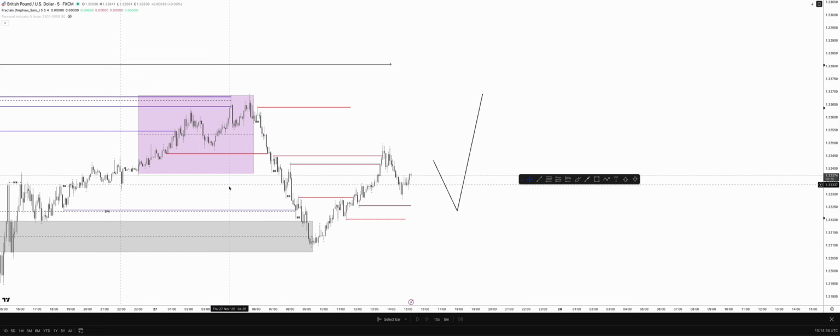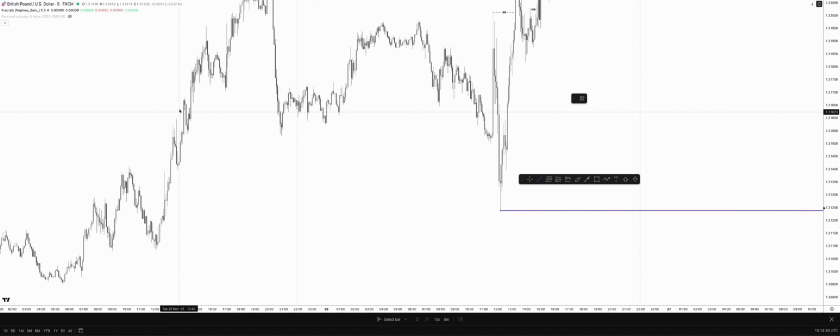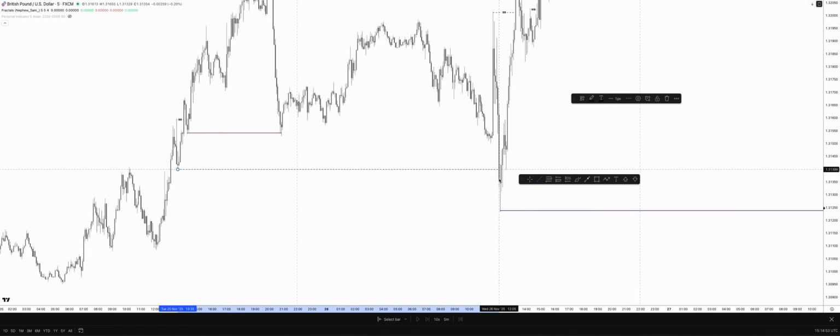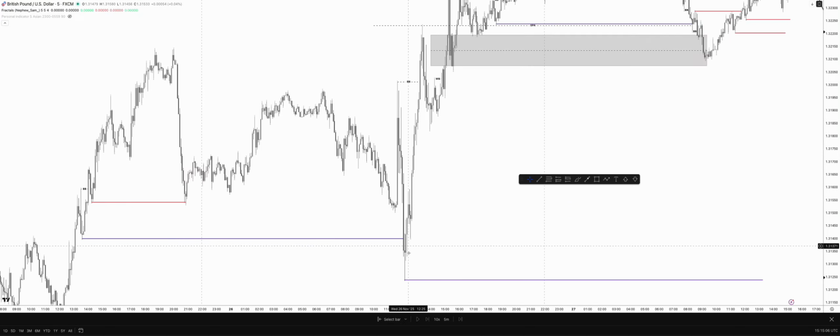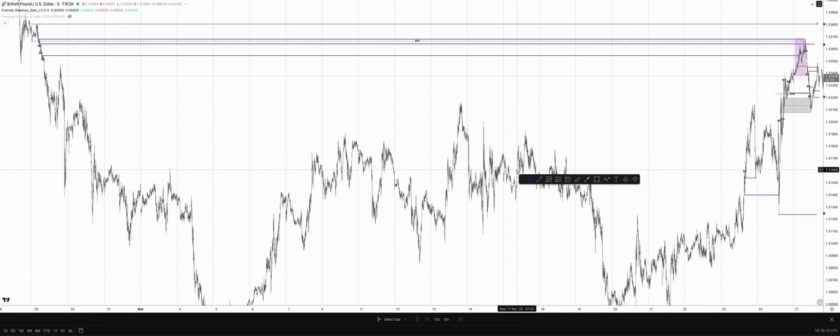If we go back and just have a look, you can see that we had the exact same thing here the other day. This here was a current day, but this here, because price broke through here and gave a body break, we could have looked at this, and you can see right on that news from the GBP, right on that news, sorry, previous days, we get that reversal, and that was a move up to the next point of interest.